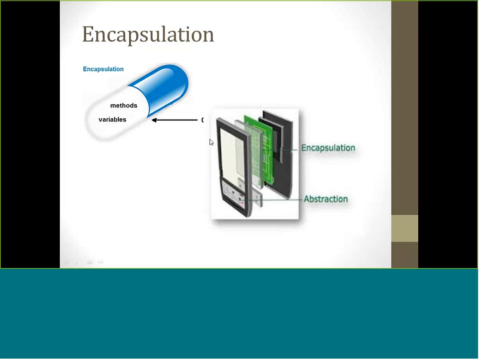So encapsulation is basically a technique to hide your behavior and state together. Just like a smartphone, the interface you are interacting with, touching with a finger or pressing some button, is just an abstraction. It's a design of your smartphone.